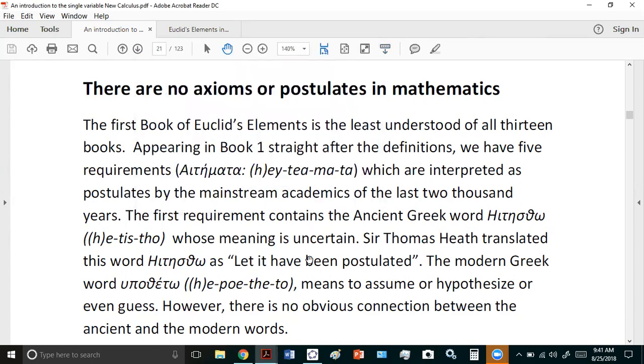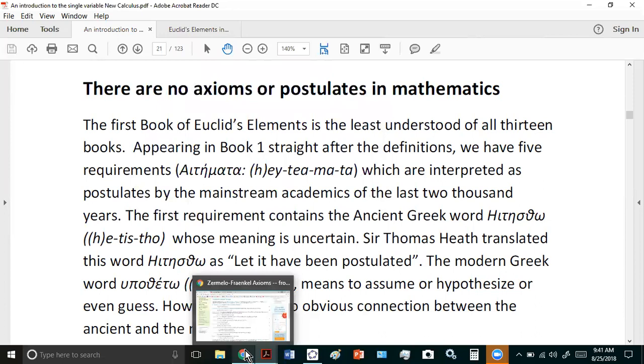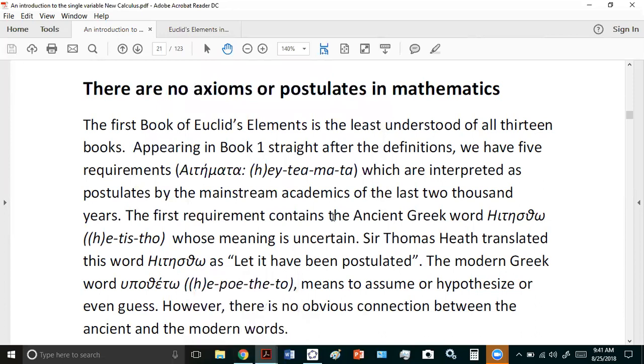Now, the first thing I'd like to say is that Euclid's Elements, in particular the first book, is the least understood of all 13 books. I mean, you'll see textbooks stating that a point is not a well-defined object and that we have to accept that it is well-formed on faith or belief. In other words, an axiom.